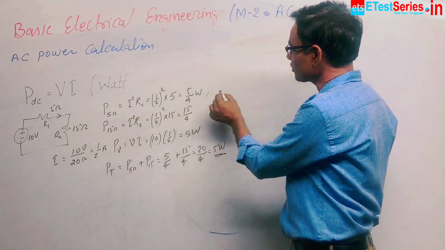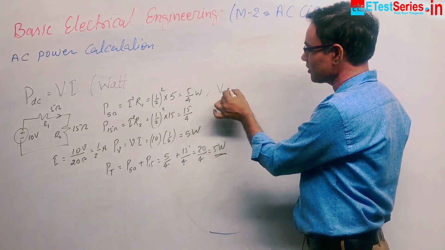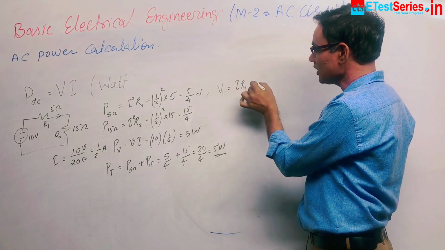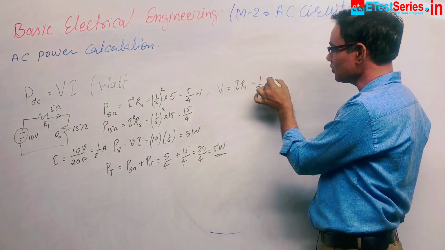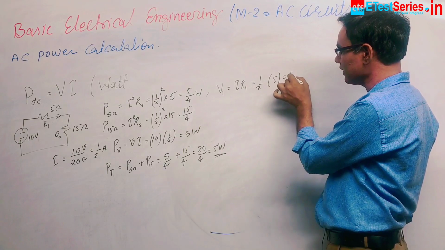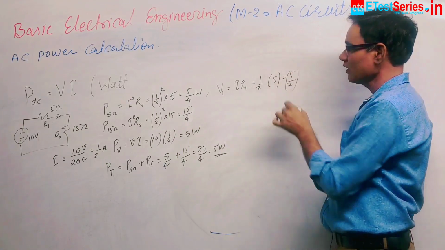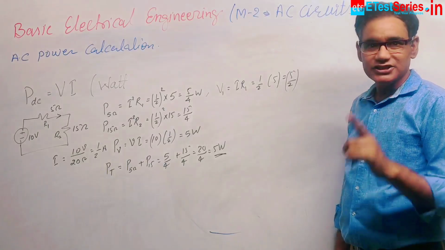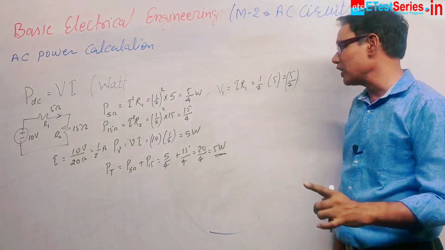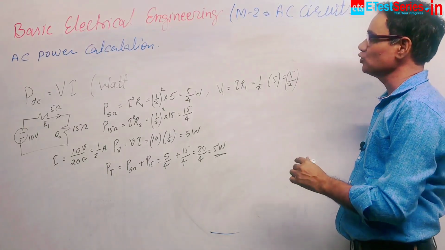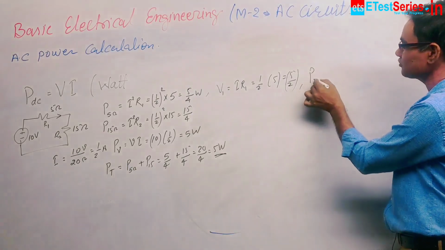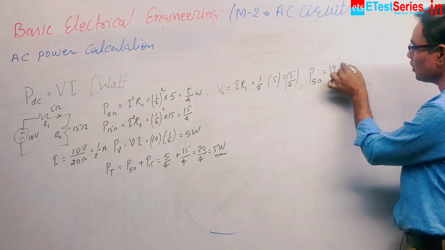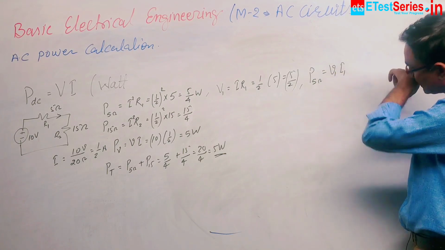What is the voltage drop across the resistance R1? That is I into R1, so it is 1/2 into 5, that is 5/2. This is the voltage drop across the resistance R1. So the power in the first resistance of 5 ohm is V1 into I1.